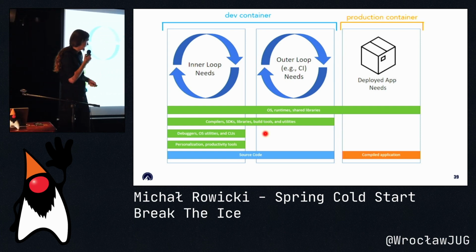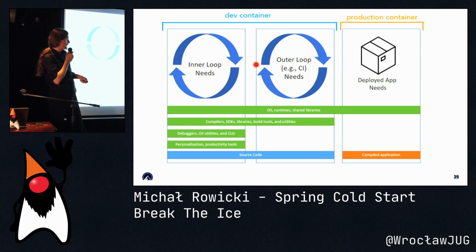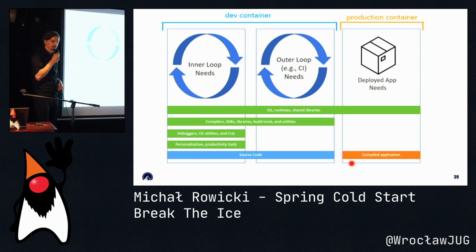Because sometimes, even for CI, we are using another JVM, another system, and it's important to be as close as possible to production from the very beginning. And lastly, I think half a year ago, support for dev containers was added to IntelliJ. So I recommend using that.